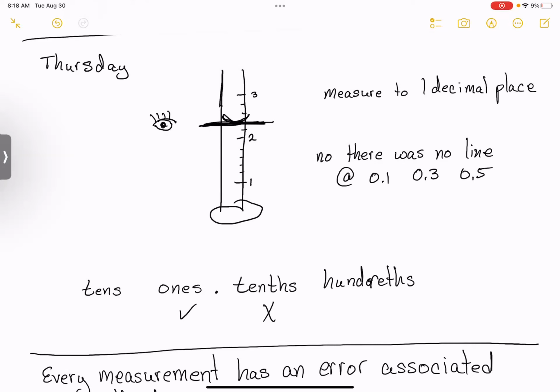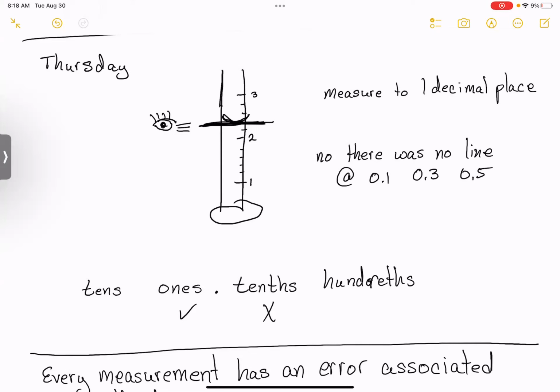But now, if your eye is at that level, and you read it as 3.1 and I read it as 3.2, technically they can both be correct, because as long as our eyes are at the correct level, you can't control my opinion.